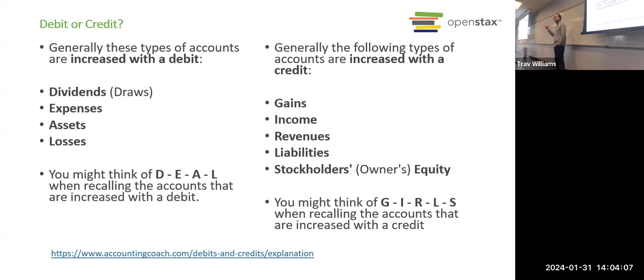Okay, that's just one thing to remember, and it will make your life much easier for this entire semester. So here's how DEAL works. You see DEAL is D-E-A-L, right? These four types of accounts are the ones that increase on the debit side.